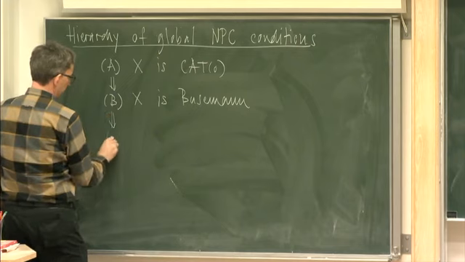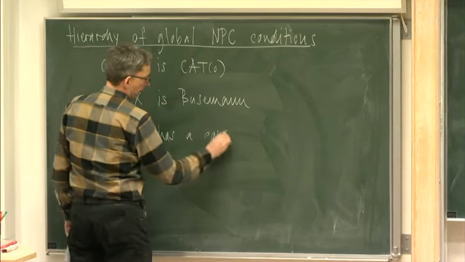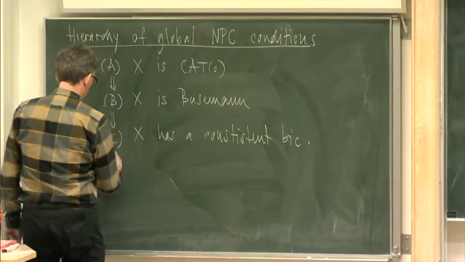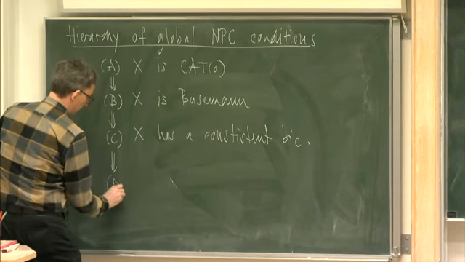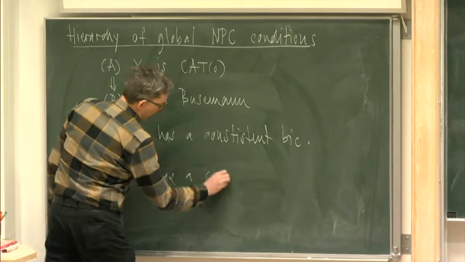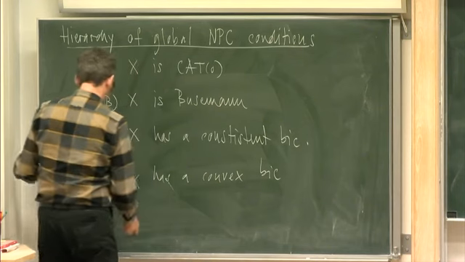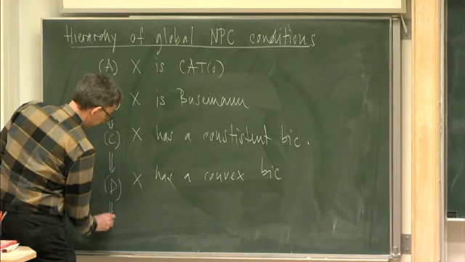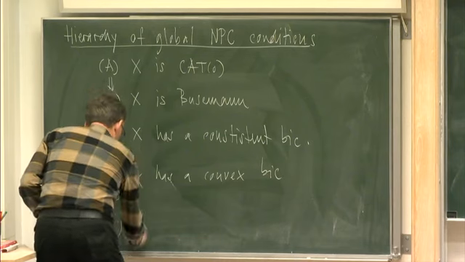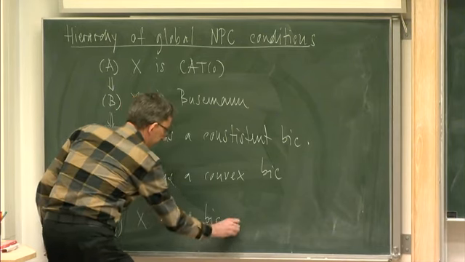Then the next one is X admits a consistent bicombing. The next one is X has a convex bicombing. And the last one, X has a bicombing.